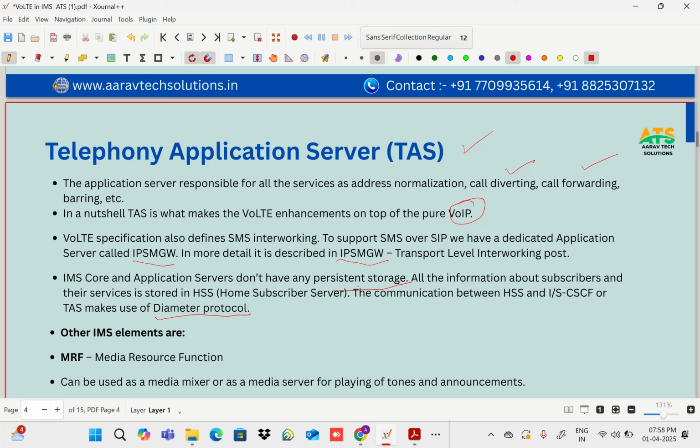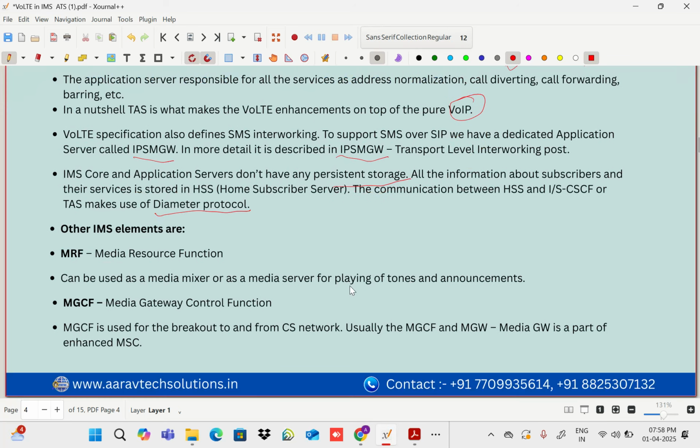Diameter is a message based protocol where we send a request and the response comes from the other end. Other IMS related nodes are MRF, media resource function, which provides media related functions and can be used as a media mixer or a media server for playing tones or announcements.